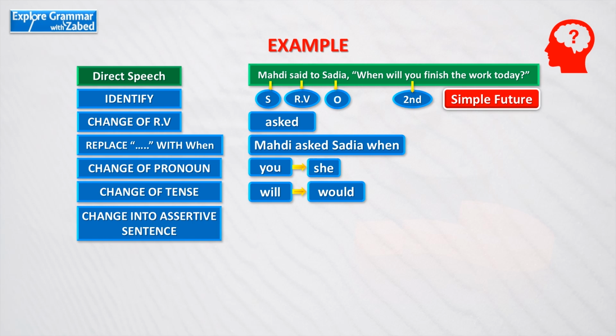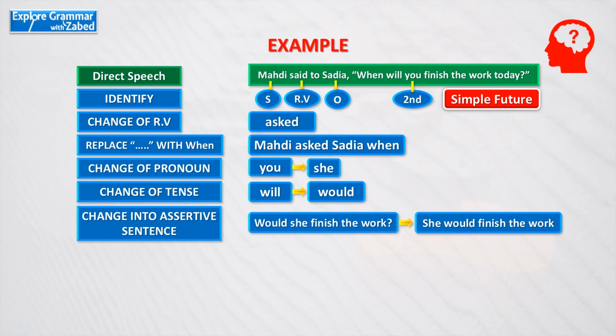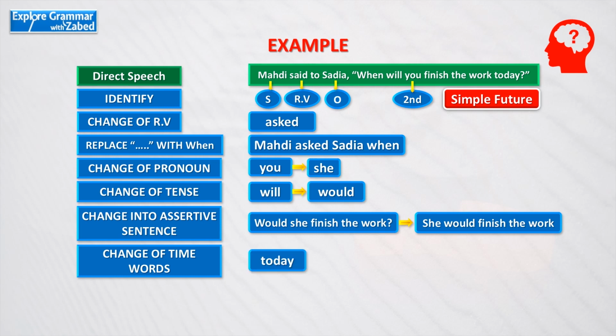After the fifth step, the sentence looks like would she finish the work. Converting it to an assertive sentence, the sentence becomes she would finish the work. Step 7 is to change the words denoting time and place. So, today will be converted to that day. The final step is to use the full stop or period in place of the question mark or the sign of interrogation.